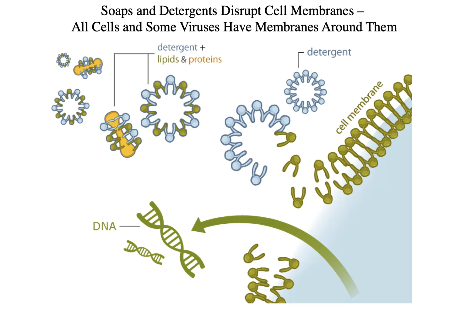The DNA and all the contents and proteins and everything else then leak out. And then they are also surrounded by other detergent and soap molecules, which then solubilize all those things so that they can be washed away with water.